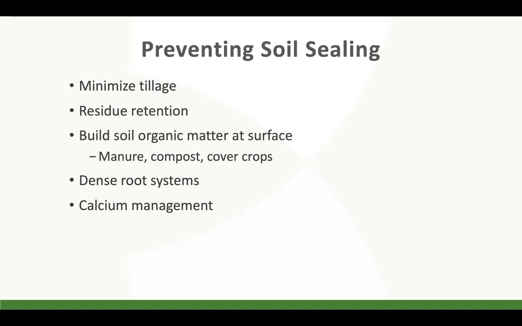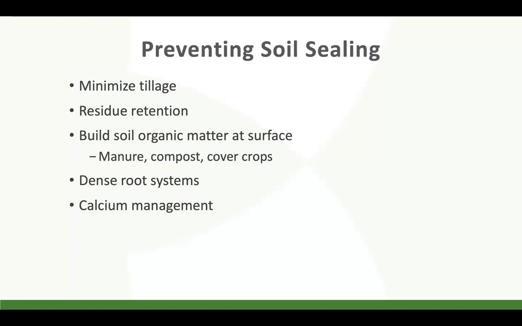And so, of course, this also comes down to living cover, living roots, and having good dense root systems. The more roots you have growing into and through the soil, the more that soil is held in place by the roots. And it's much harder for the soil to wash away if we have dense root systems penetrating through that soil and locking it into place.